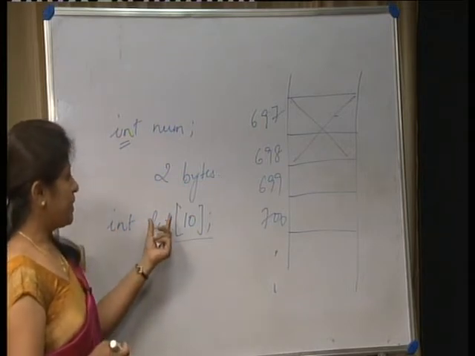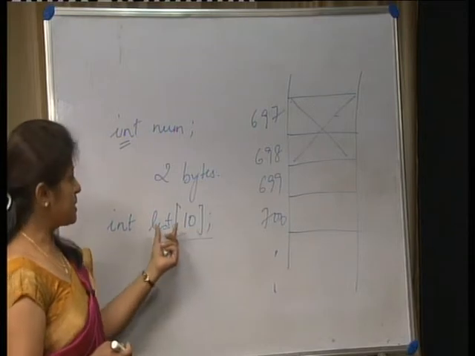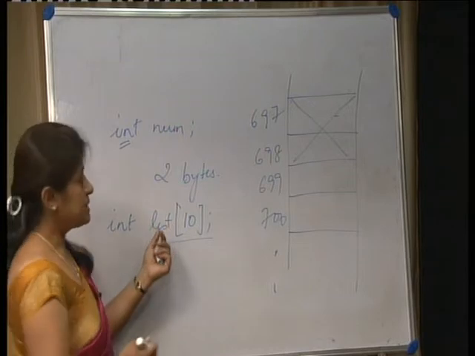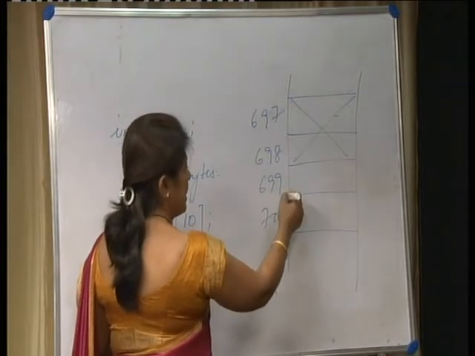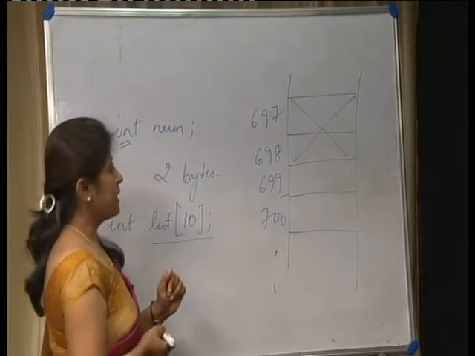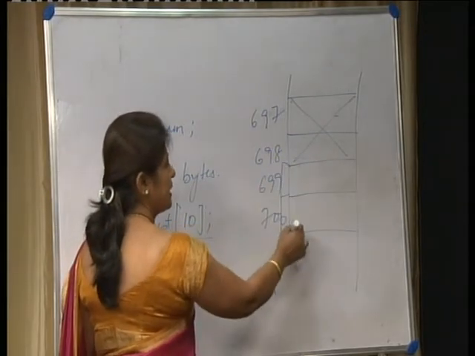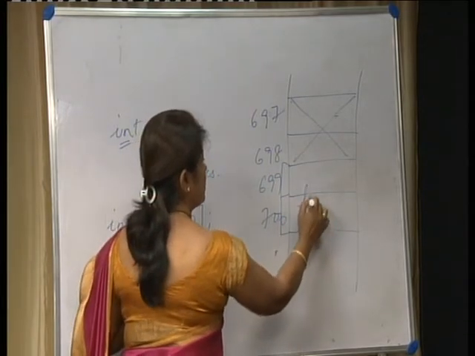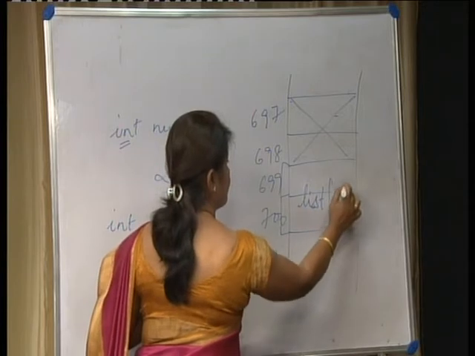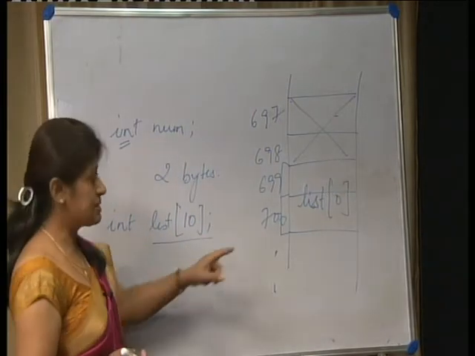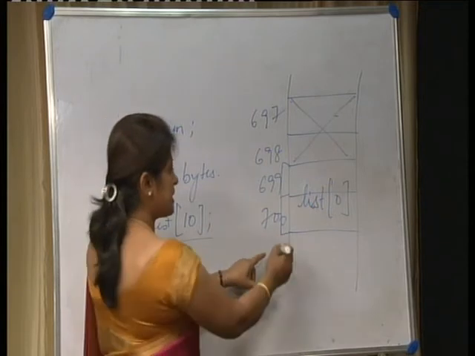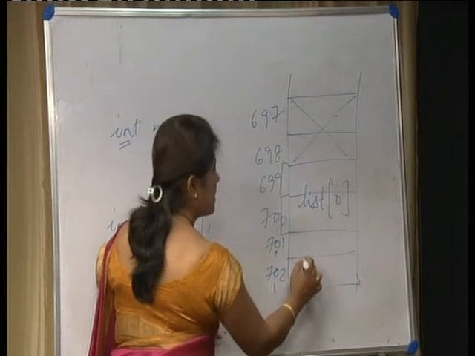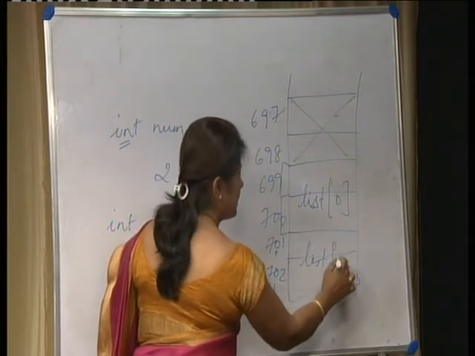Suppose this list array is allocated memory locations starting from 699. Here the 699 and 700 memory locations will be my first element of the array, that is list of 0. The next subsequent locations, 701 and 702, would be my second array element, that is list of 1.